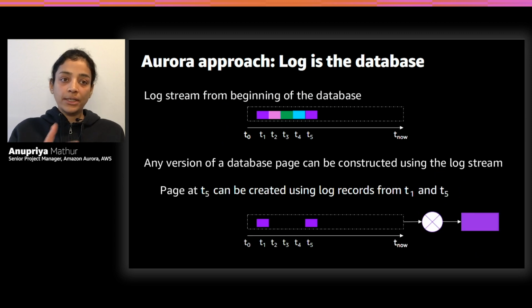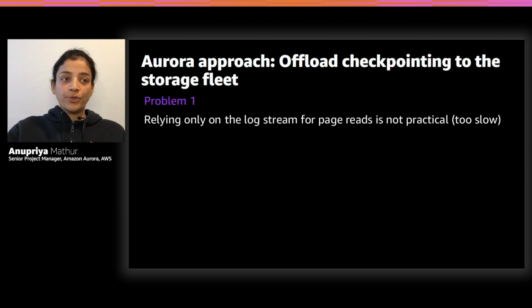So for example, if I have a database starting at time t0, and then it goes up to time t5, and I want to reconstruct the page at time t5, then I can take all the log records from t1 to t5, apply them, and then I get the page at t5. So which means that I just need to maintain my log records and maybe not need to do any checkpointing, right? But this approach had its own problems.